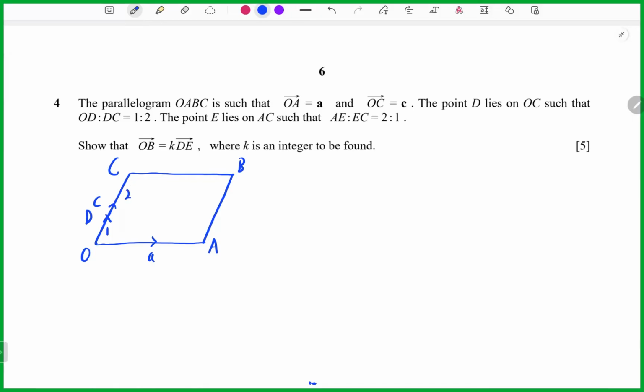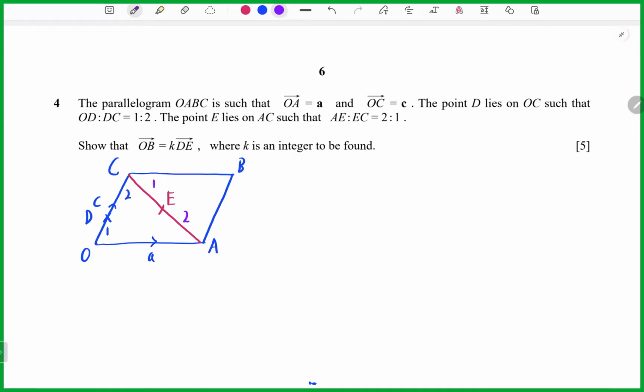Now the point E on AC, so I select E here. AE is 2, EC is 1.